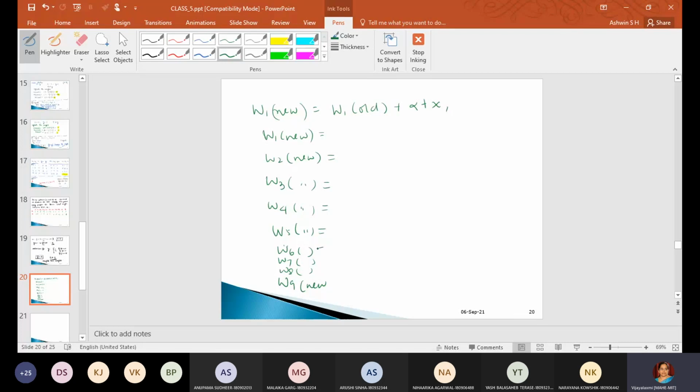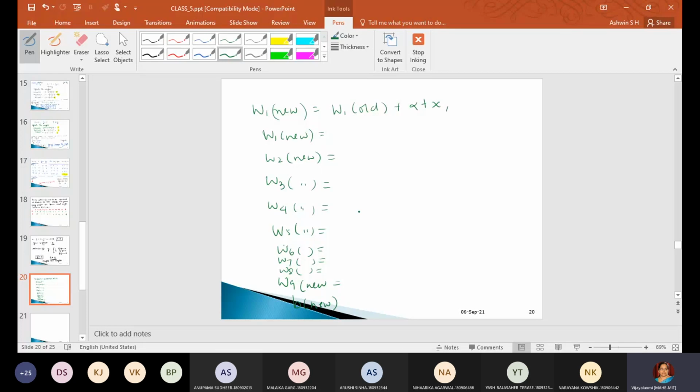See any change in the weights. Any change in the weight you just check, and B new also. You can write it in a table if you want.